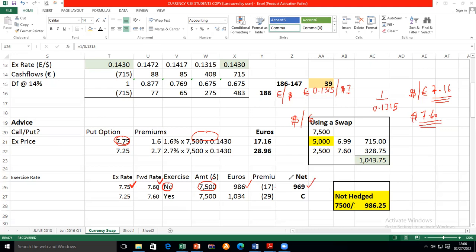What if the rate is 7.25? At 7.25, we are going to exercise because when we take this and divide by that, we make more money, 1034. And once we remove the premium, what do we come up with?